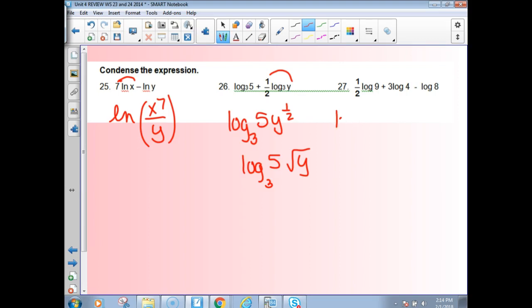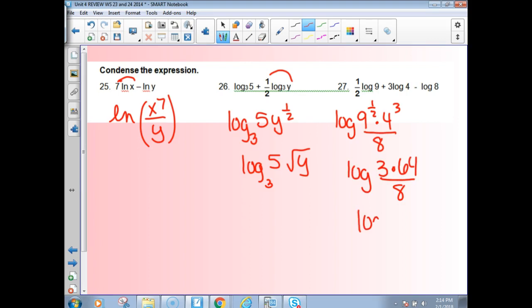The next one, log in base 9 of 1/2. That'll be times the log of 4 to the 3rd divided by 8. Now, this can be simplified. 9 to the 1/2 is the square root of 9. You ought to know that. That's 3. 4 to the 3rd, you should know, is 64. And then we're dividing by 8.